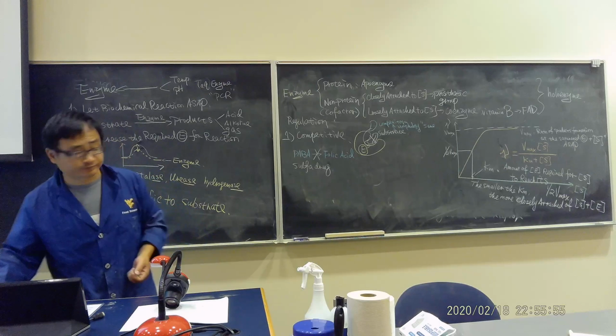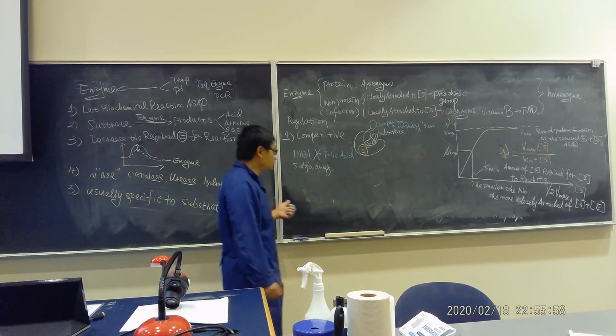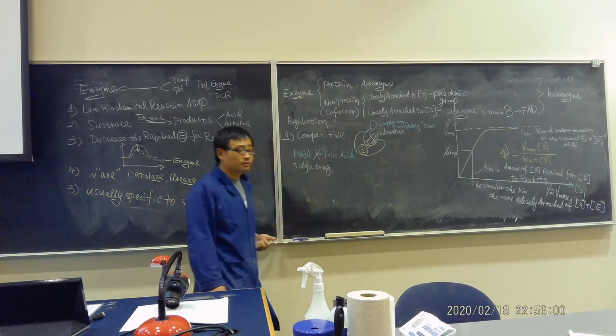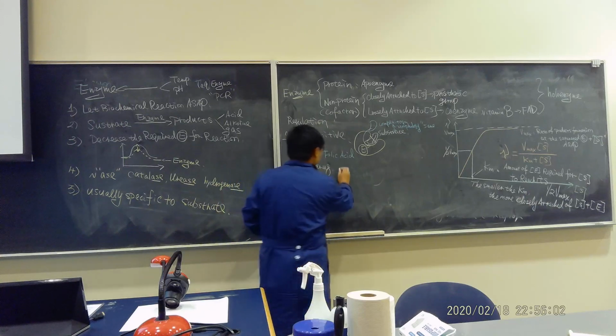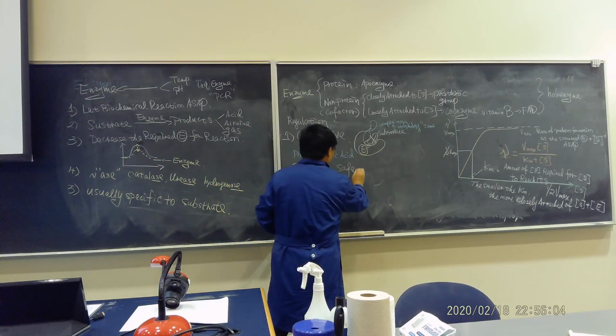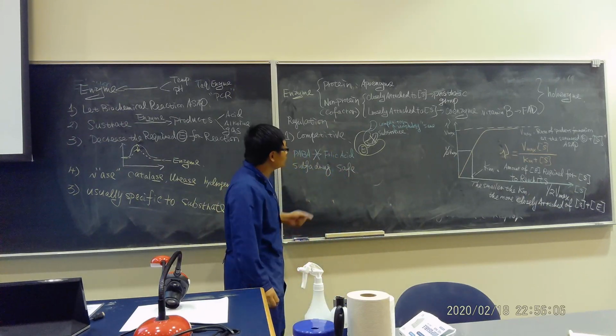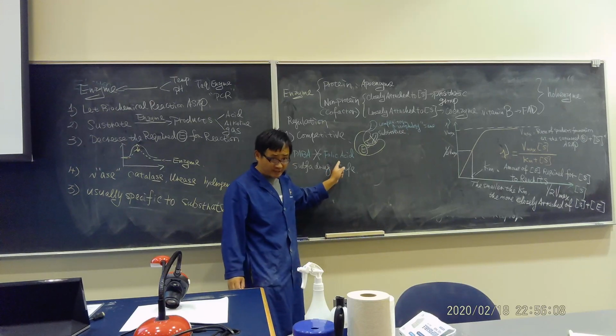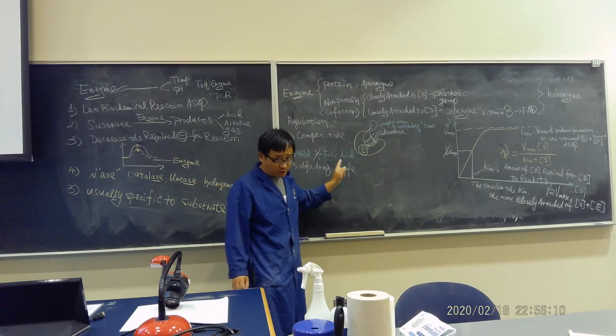Lots of the bacteria. Now, the question is, is the sulfur drug safe for human beings? Yes, because human beings do not create folic acids by themselves. They have to take it from the diet or other resources.